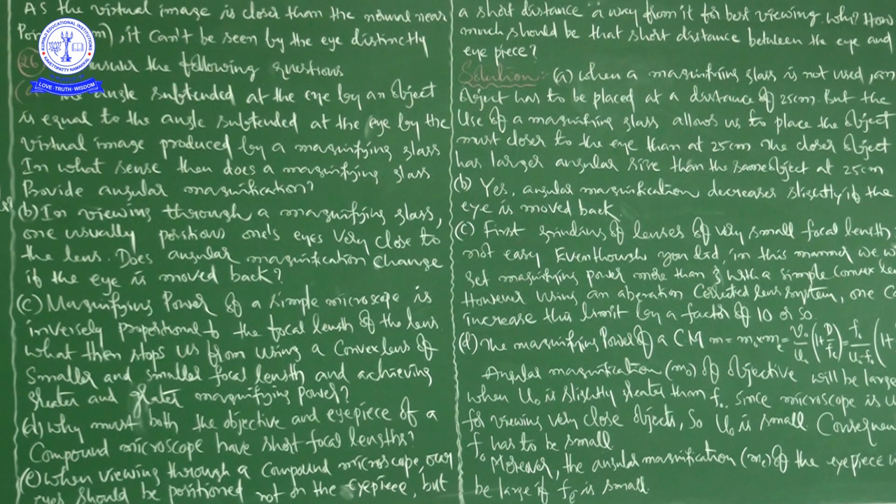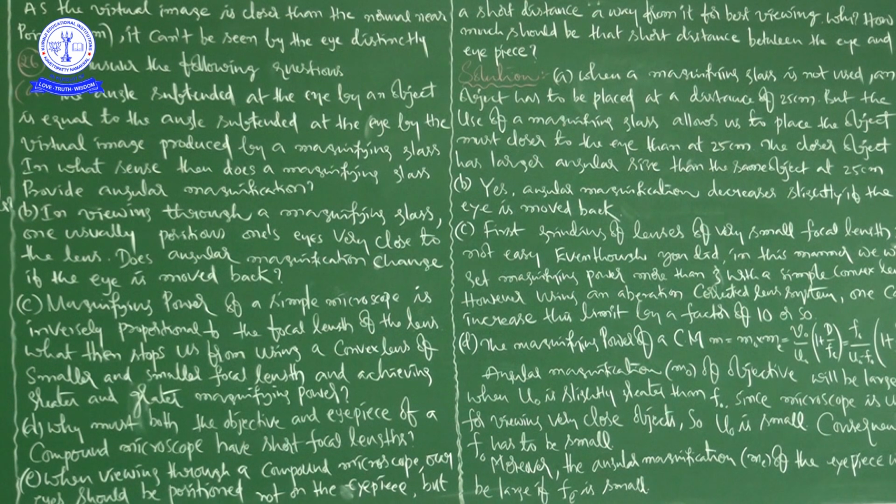Does angular magnification change if the eye is moved back? This is what we generally do when we see the image, but his question is: if you change this, does the angular magnification change if the eye is moved back?